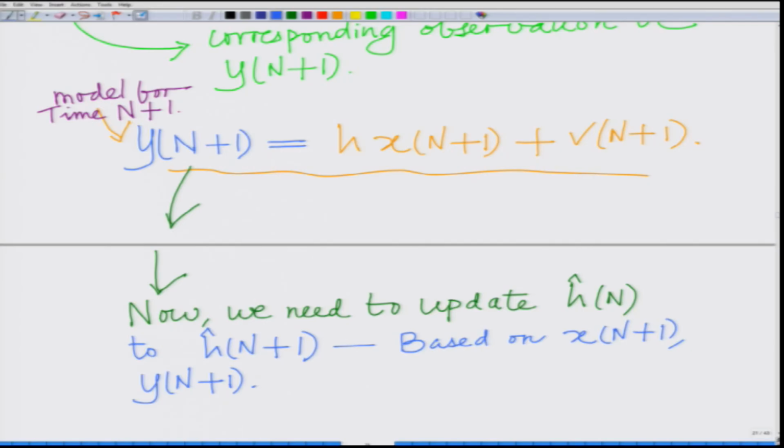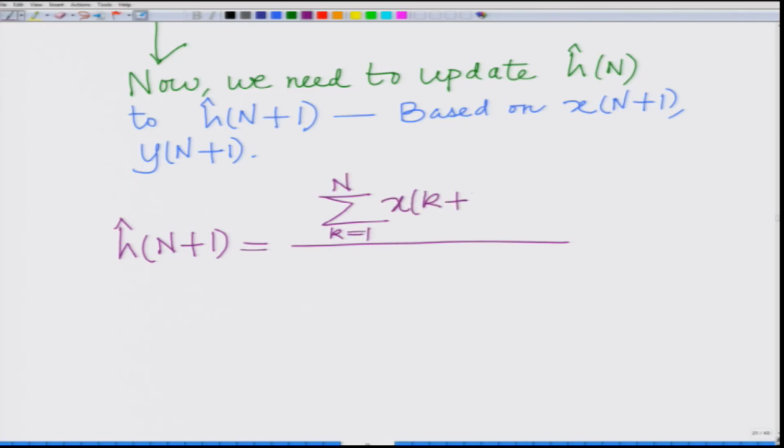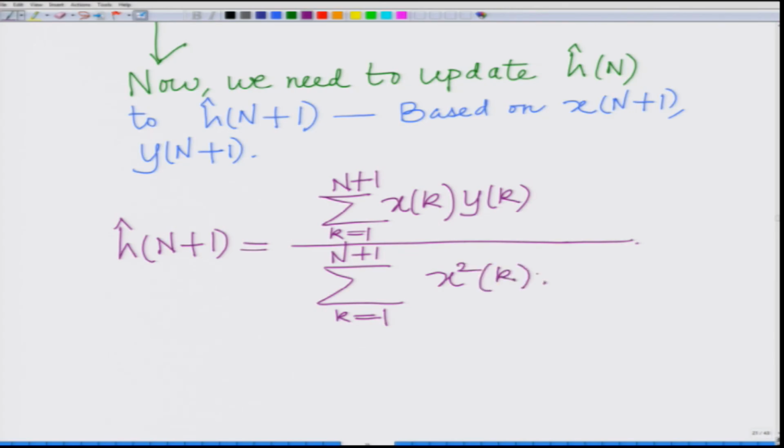It is very simple to see that the estimate at time instant n plus 1 is h hat of n plus 1 equals the summation over k equal to 1 to n plus 1 of x of k times y of k, divided by the summation over k equal to 1 to n plus 1 of x square of k.